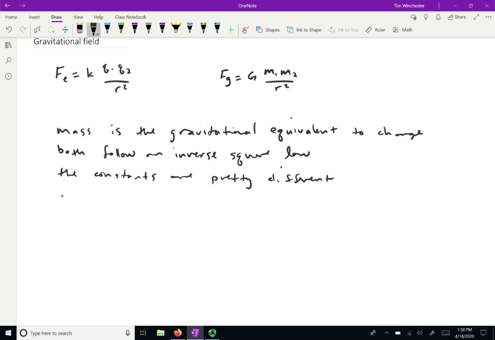So, in fact, the gravitational force is 10 to the 39 times weaker than the electric force between an electron and a proton.